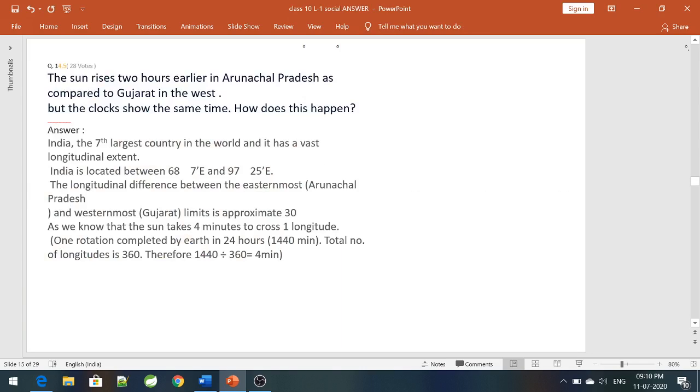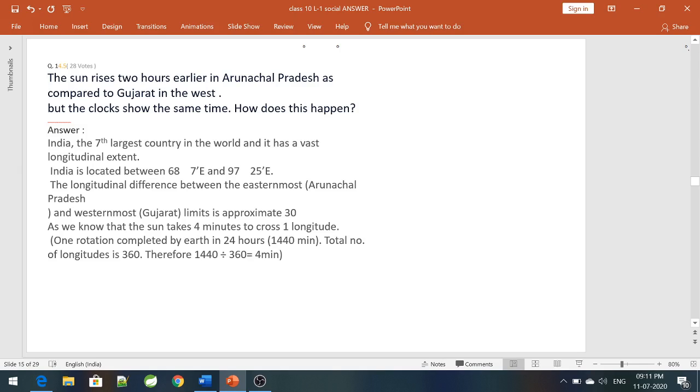This is the first question. The sun rises 2 hours earlier in Arunachal Pradesh as compared to Gujarat in the west, but the clock shows the same time. How does this happen? Because we are following the Indian standard time, that is 82 degrees 30 minutes East. India, the 7th largest country in the world, has a vast longitudinal extent.